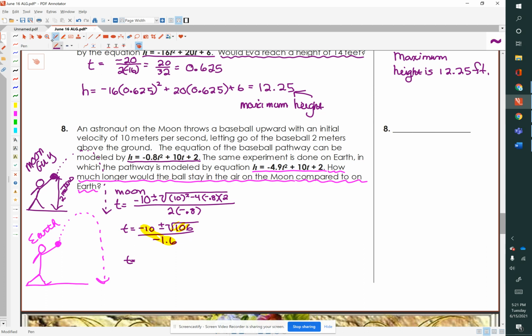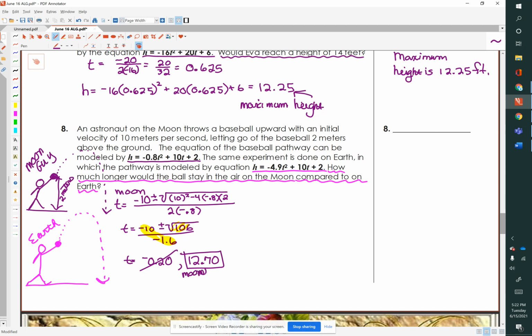So first our minus answer, our negative answer, is negative 0.20. Okay, we can't use that answer. We're going to cross it out. Our positive answer is 12.70. So it's negative 10 divided by negative 1.6 plus the square root of 106. So our positive answer is helpful to us. So that's the moon.